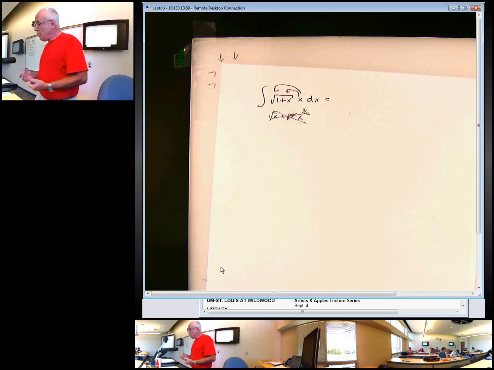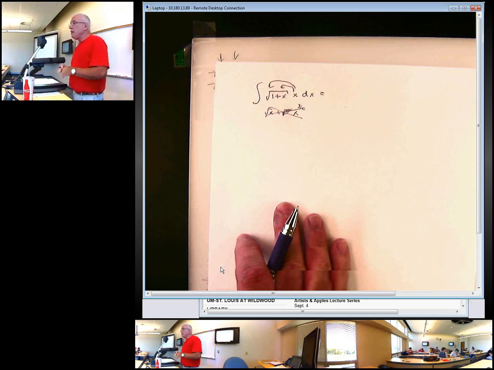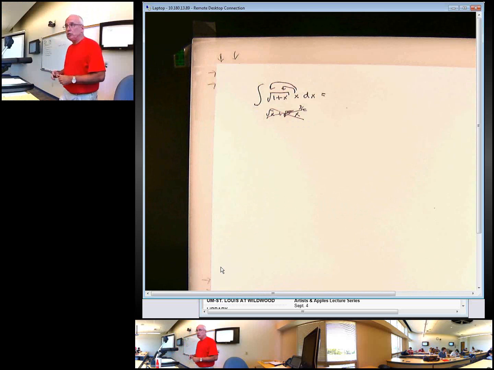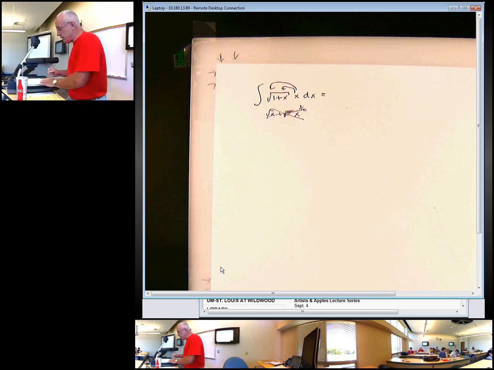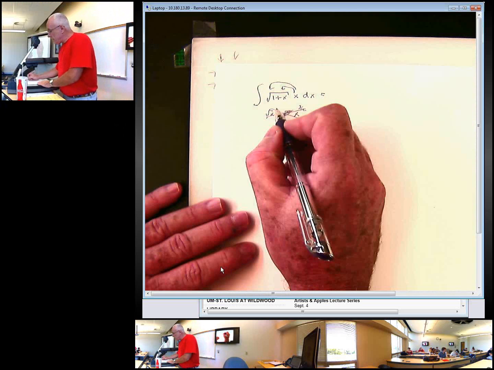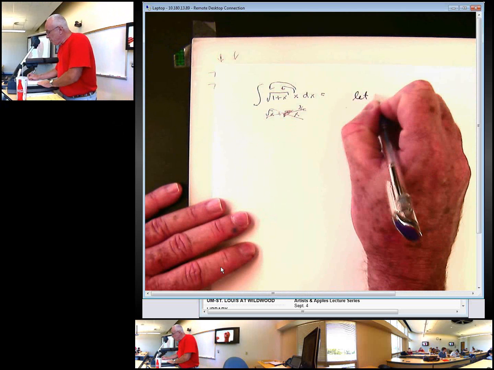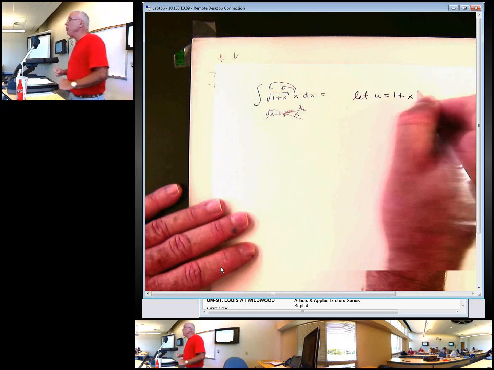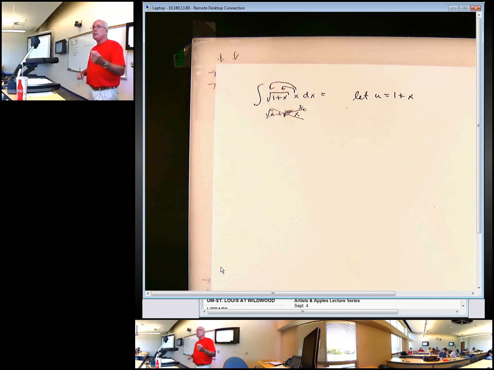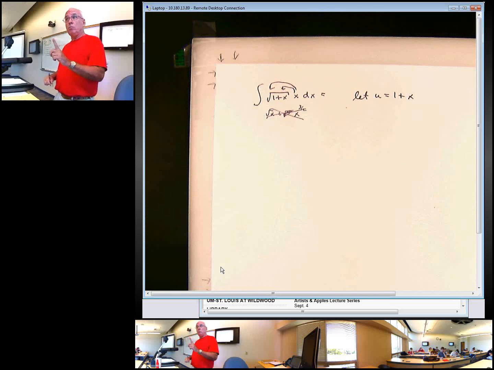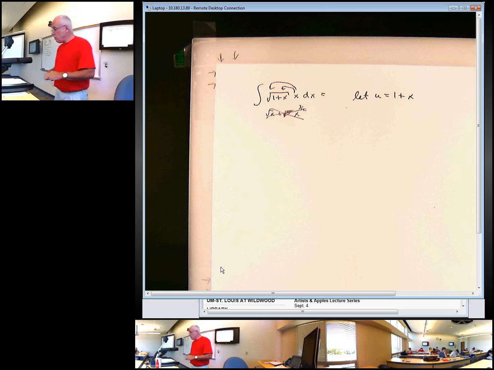What I can do, believe it or not, is a substitution to evaluate this. I can take what's under the radical, 1 plus x, and let that be our u. There's a couple of things on the practice set due on Friday that work similarly.